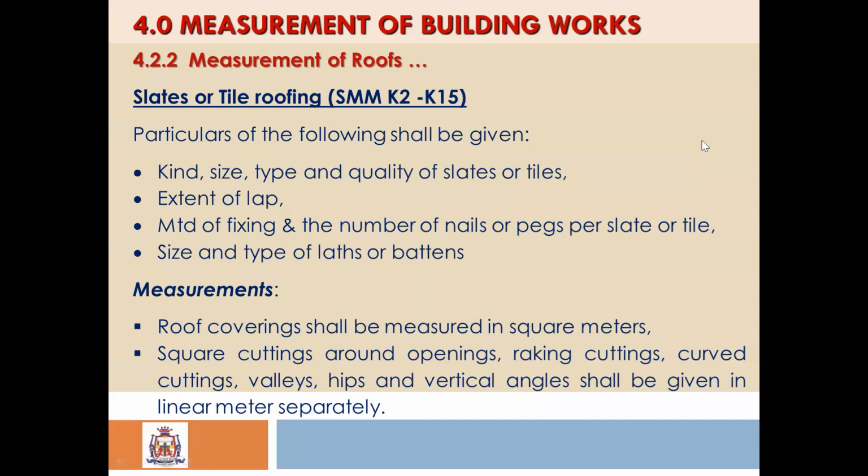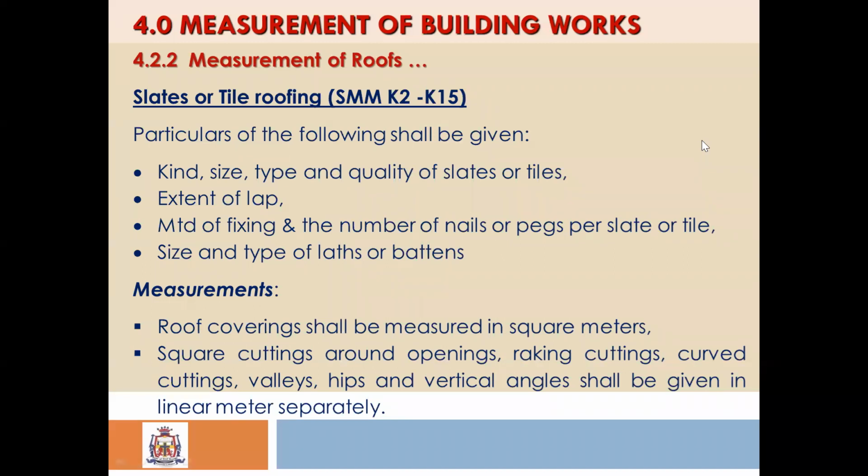So then you look at the extent of the lap. Then what I mean, each of these tiles will lie over the other. So how it lies over the other, that is why I'm talking about the overlap, the extent of the lap. Then the method of fixing and the number of nails or pegs per slate.